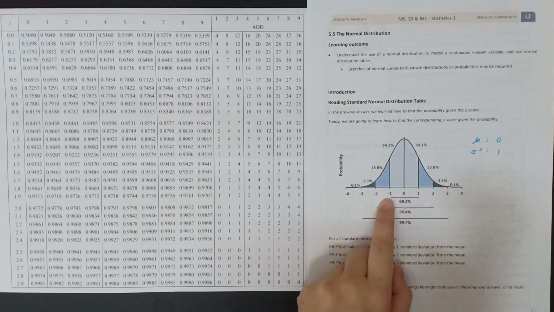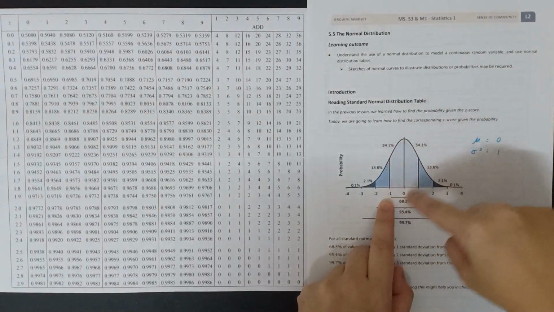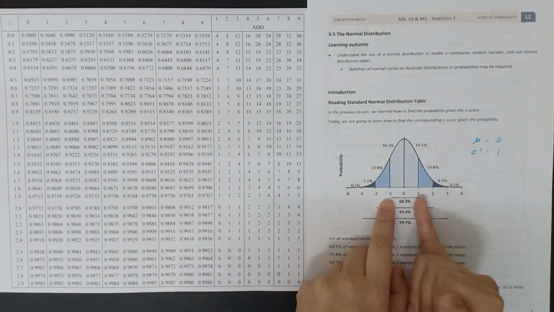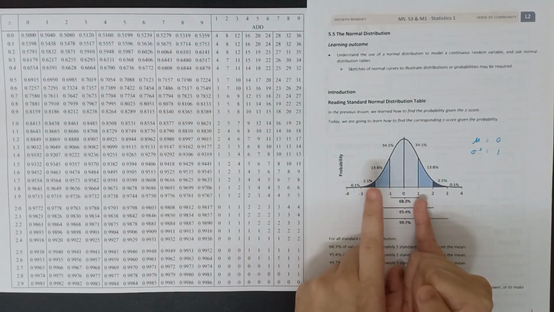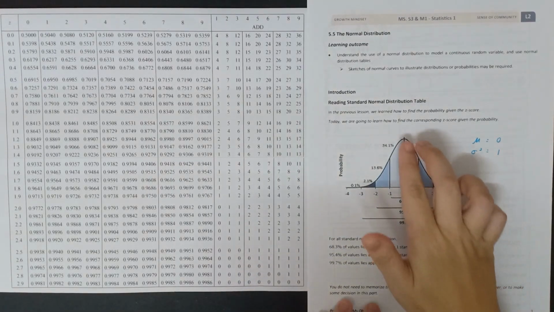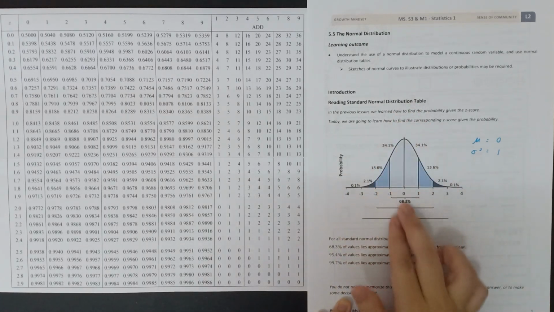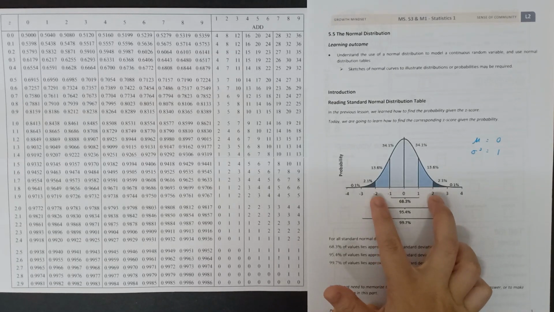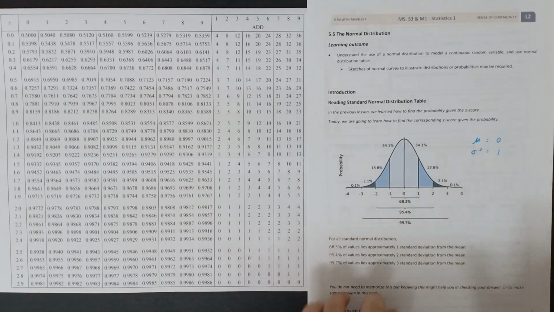So 68% of the boys fall in the group of 145 cm to 165 cm, and then lesser and lesser after that. Just remember 68%, meaning 34.1% on each side, and then it goes to 95% and 99%. You do not need to memorize it, but knowing this might help you make some decisions and check your answers.